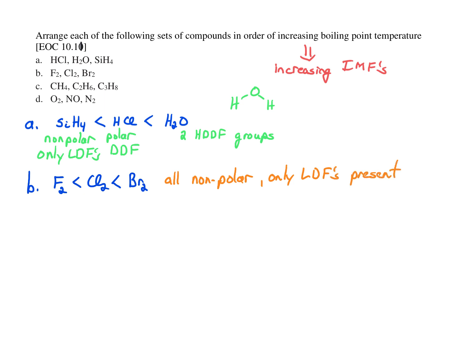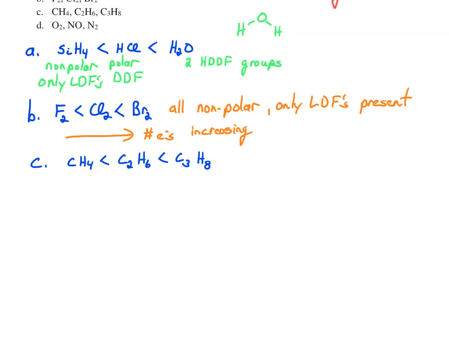And therefore the only difference is going to be in terms of the number of electrons. So if we go across here, we see that the number of electrons are increasing, which explains why I placed them in this order. Increasing intermolecular forces due to an increasing number of electrons.